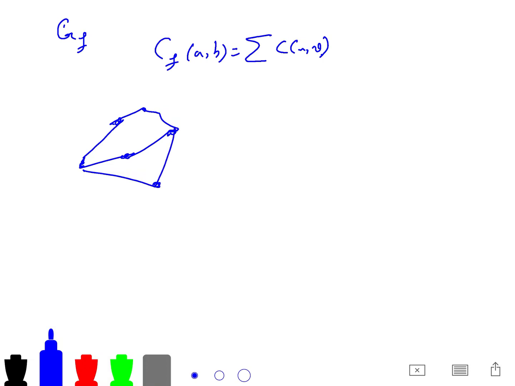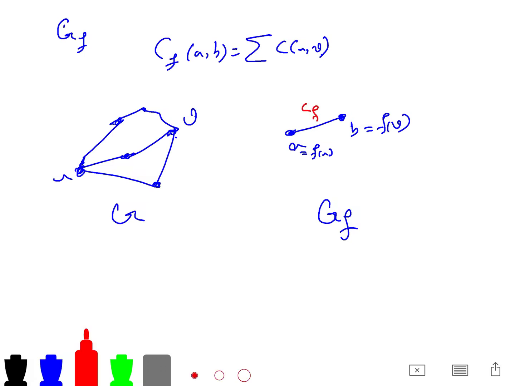Let's say this is a graph G, and G of f: when you solve your zero extension problem, and then you round it, and then you contract the edges until the remaining nodes are just terminals, then what you get is this graph, where B is f of v, A is f of u for any path from u to v. And this is C of f.